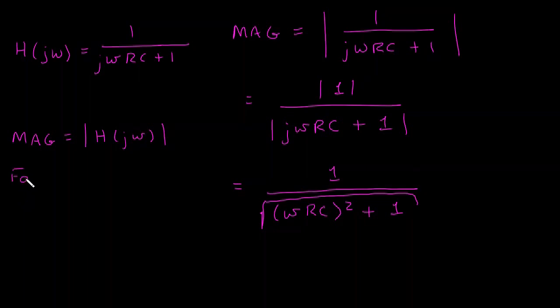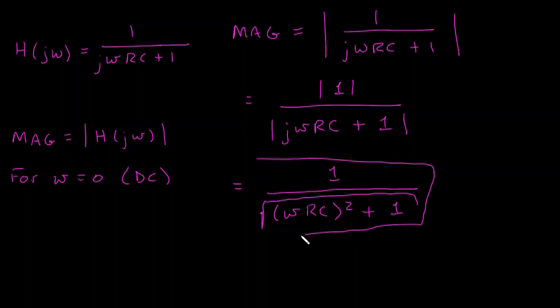For omega equals 0, so we're operating at DC, then we're going to have that the magnitude, which is our expression right here, we can evaluate for omega equals 0. Well, that's really not hard to do.